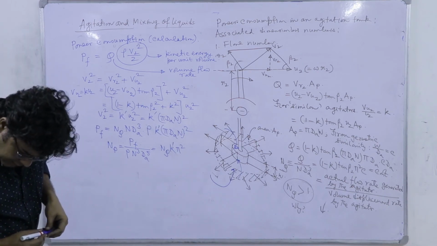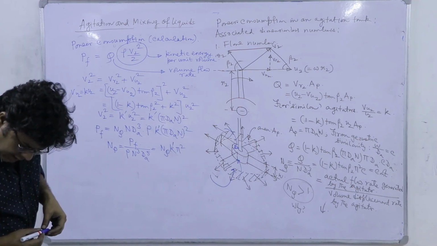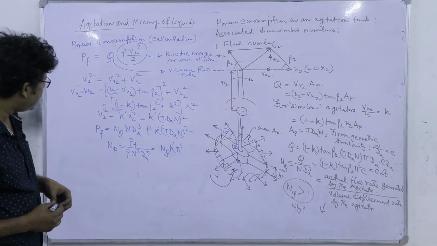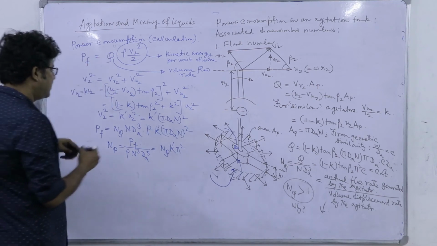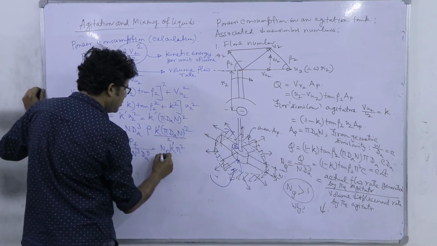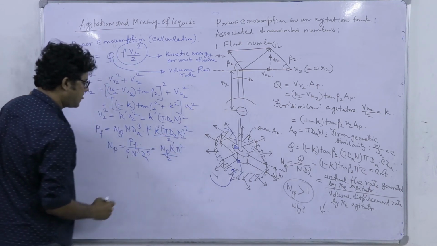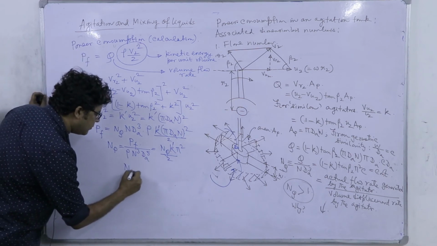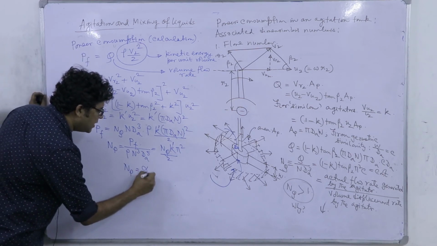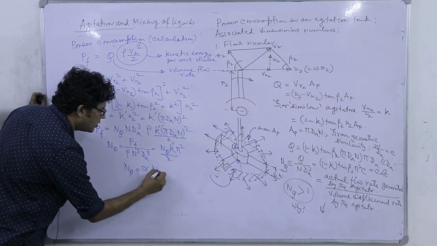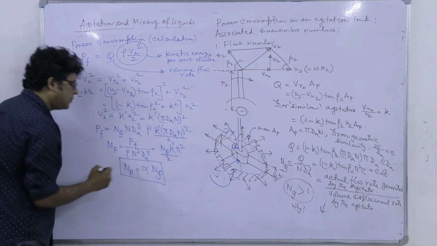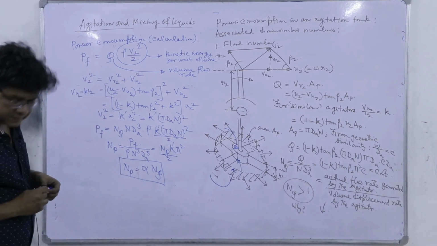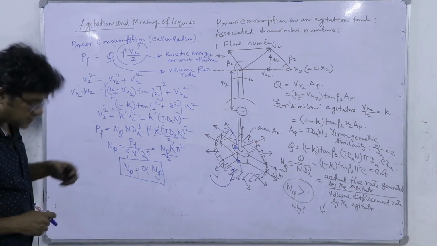So what you can finally write, pi square by 2 is there, so this is 2, this is 2. So power number is some constant alpha into NQ, right? So power number is proportional to the flow number, that we can establish from here.